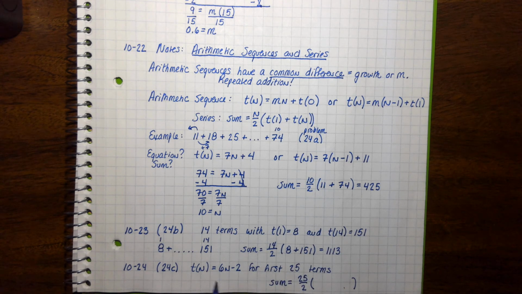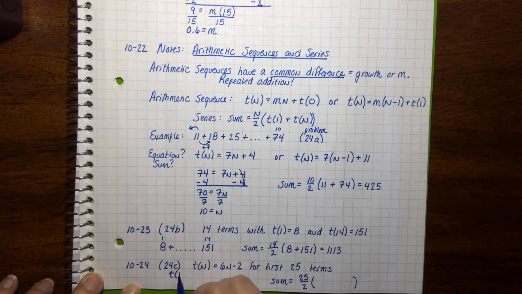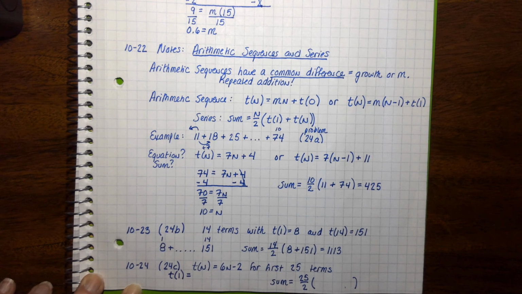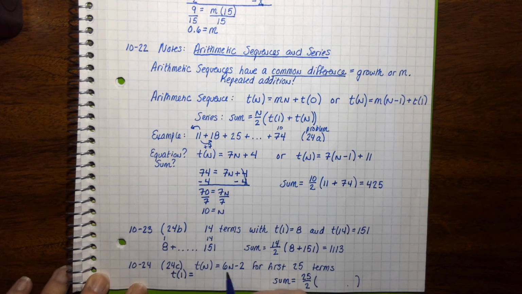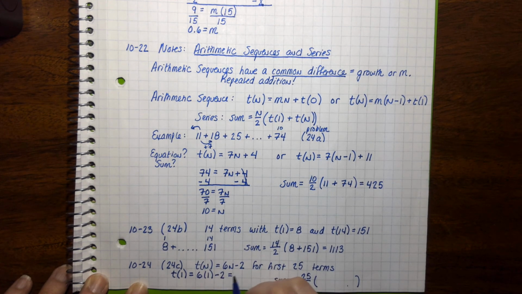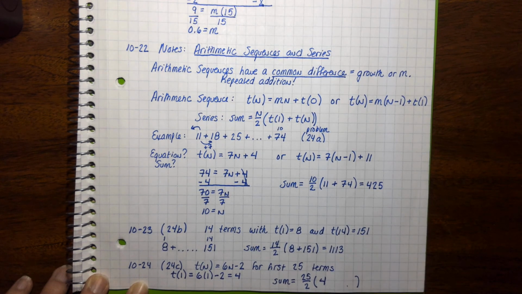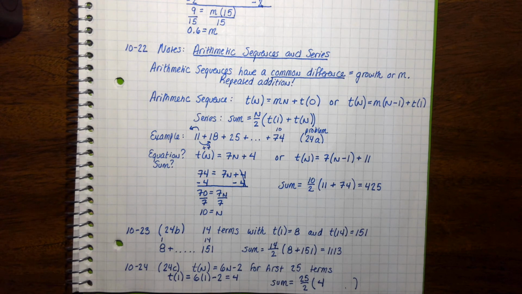Okay, how can I get these? How can I get the first number and the last number? Well, I hope you're screaming at your screen. t of 1 is going to be what I get when I plug 1 in. 6 times 1 minus 2 is 4. Okay, what should I plug in for the last number?